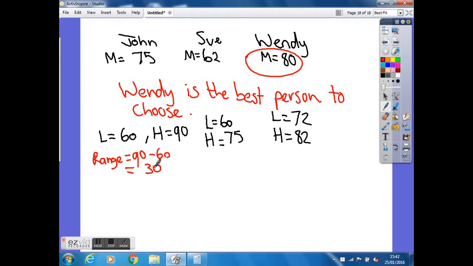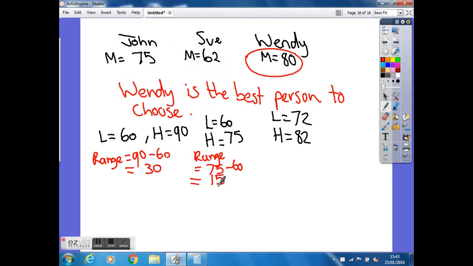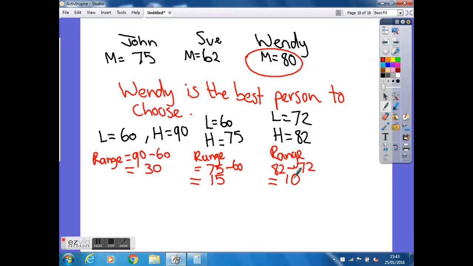For Sue, it's going to be 75 minus 60, which will give us 75 minus 60 gives us 15. And Wendy, the range is 82 minus 72, which equals, if we get the calculator back up, 82 minus 72 is 10. So there are your three answers for the range for each person.